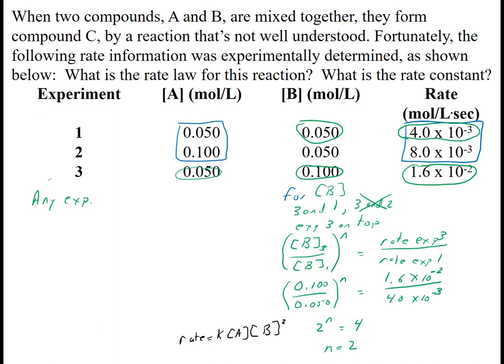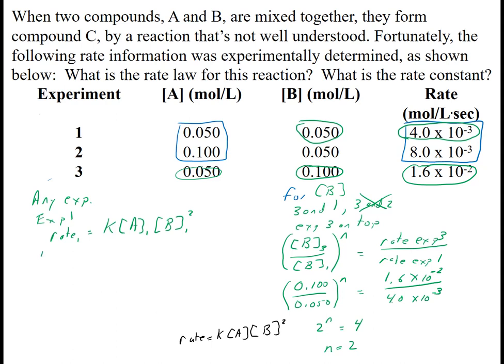So for experiment 1, I'm going to plug in the numbers. The rate for experiment 1 is k times the concentration of A for experiment 1 times the concentration of B for experiment 1 squared. So it's exactly what I have written down here. Now I plug in the numbers.